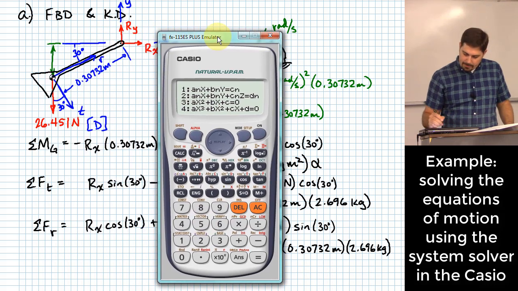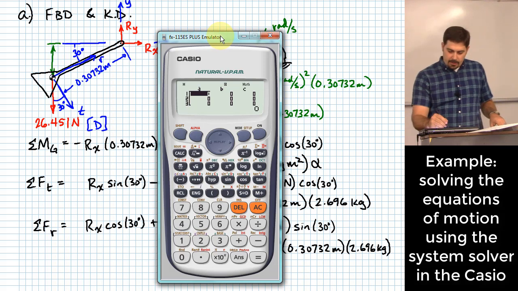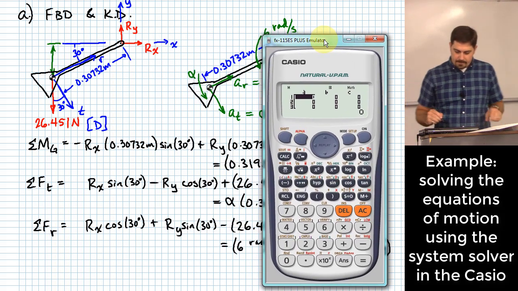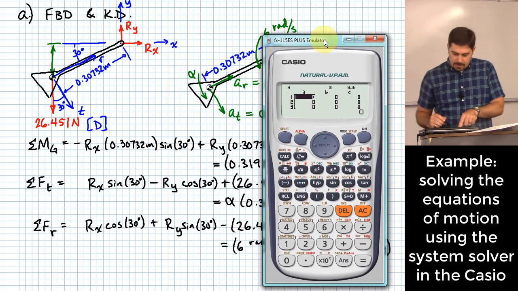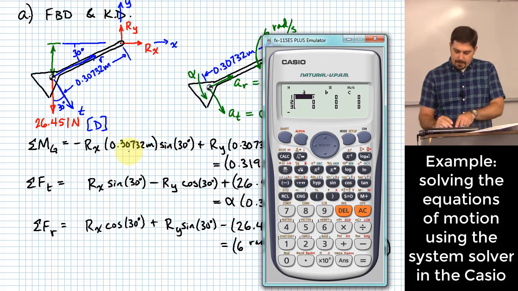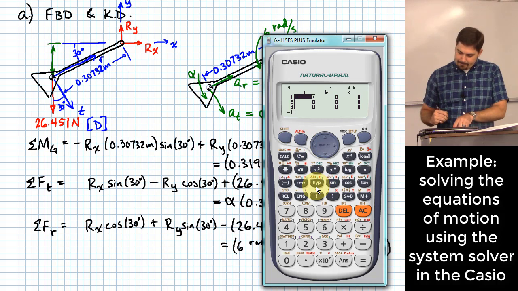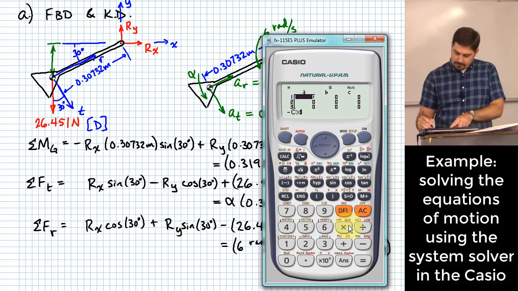So we're going to do a 3x3, and remember, we're putting in the coefficients of each term. The very first term up here, I'm going to put in a negative. This 0.30732 is what I have stored in the variable c, and then sine of 30 degrees.